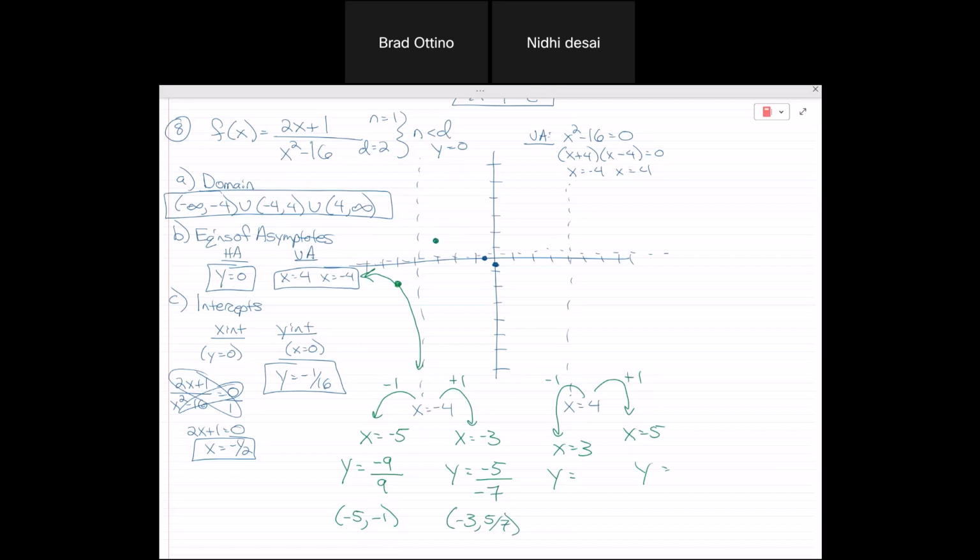If you plug in 3, 6 plus 1 is 7. 3 squared is 9 minus 16 is -7. So the point 3, -1 is on the graph. So it looks like in the middle, you have a point above and a point below. We said the way that we graph that is by drawing a cubic function.